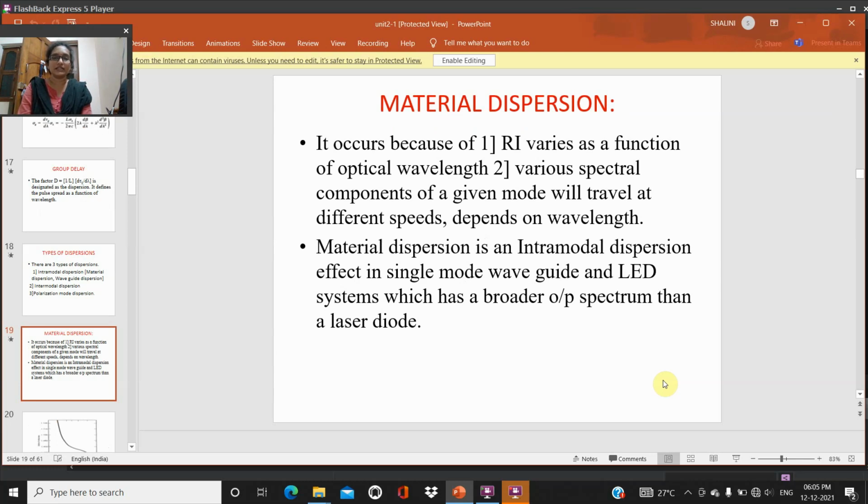Material dispersion is an intramodal dispersion affecting single mode waveguide and LED systems, which have a broader output spectrum than a laser diode. When compared with a laser diode, LED systems have a broadened output.